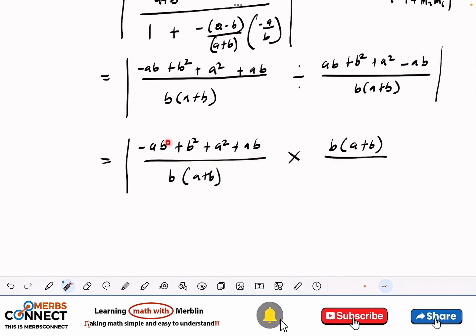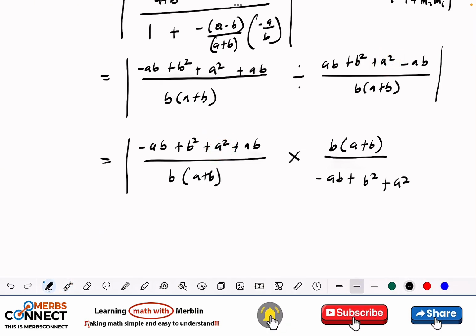So we saw that minus ab first, so I'll write minus ab first. So minus ab plus, this one was followed by b squared. Let's see if we have b squared. Okay, b squared is here. So plus b squared. Followed by a squared. Okay, we have a squared also here. So plus a squared. And then followed by ab. Do you have ab here? ab is also here. So followed by plus ab.